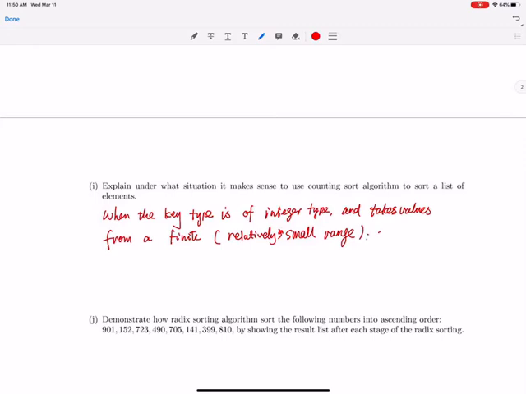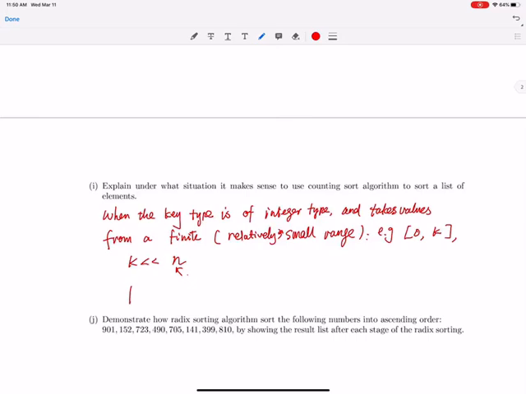For example, all the keys might be in the range from 0 up to k, where k is much smaller than the list length, which is n. Otherwise, it's not worthwhile.